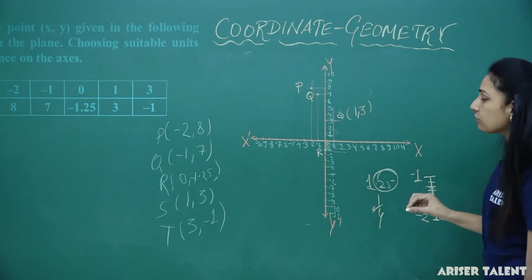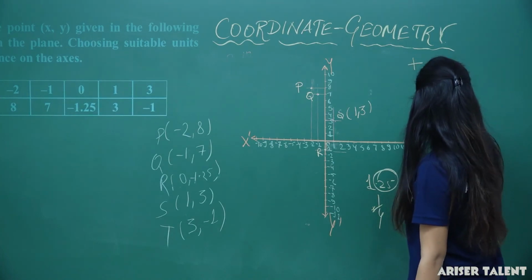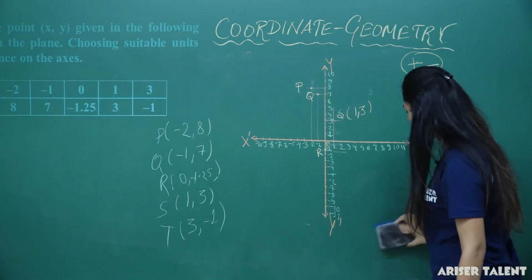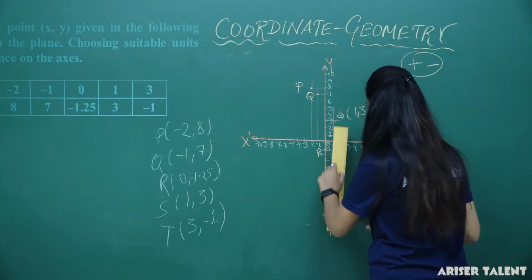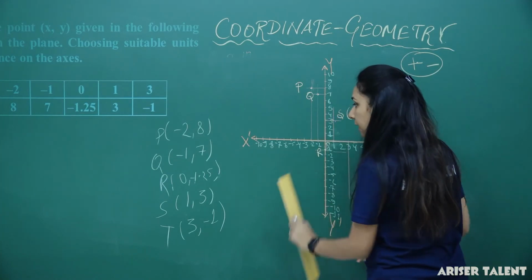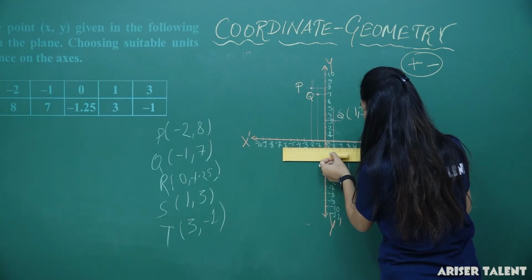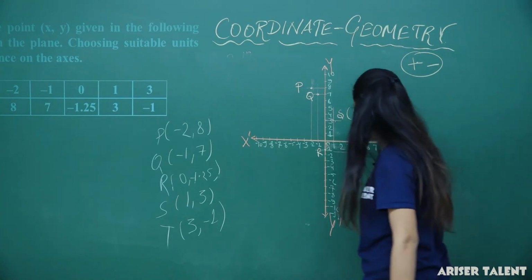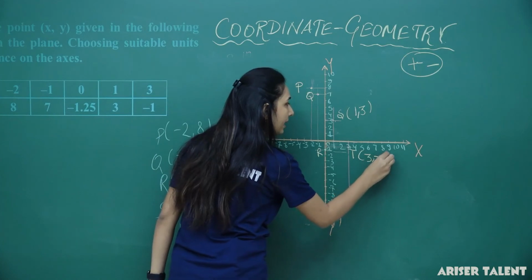Now T is 3, -1. Now this is positive and negative. Positive negative will be the fourth quadrant. Okay, let's see. Positive 3 on the x axis. Okay. And -1, minus 1 here in the negative. So that will be the point T. That will be 3, -1.